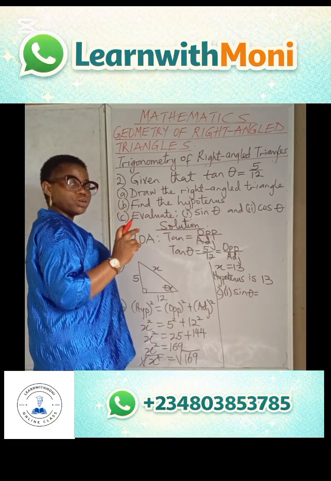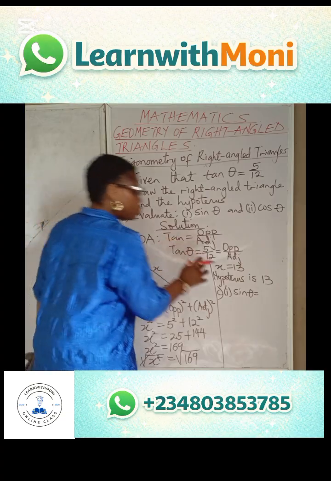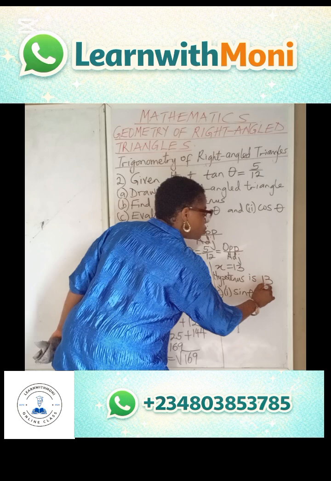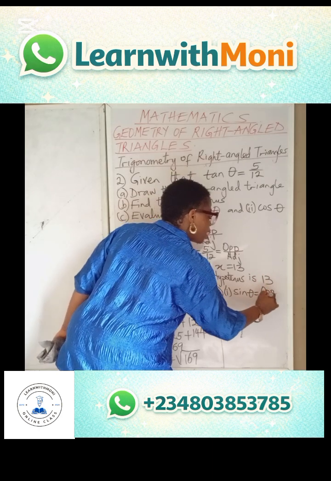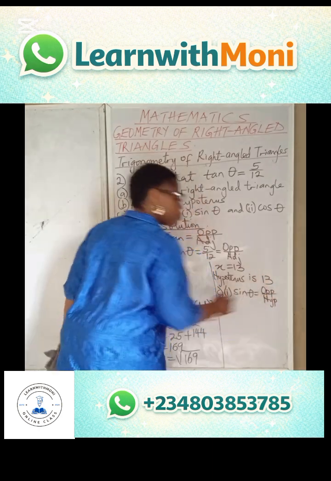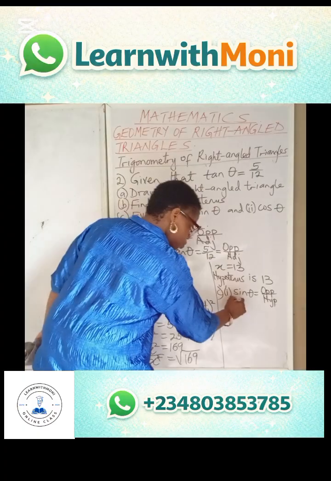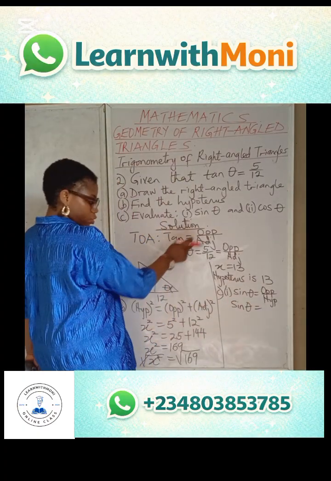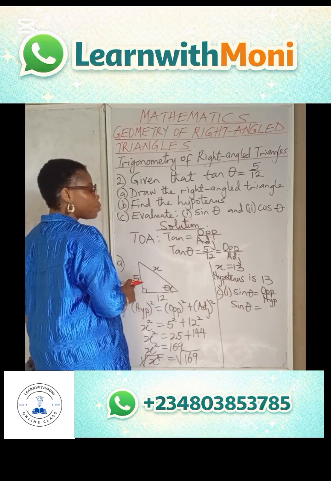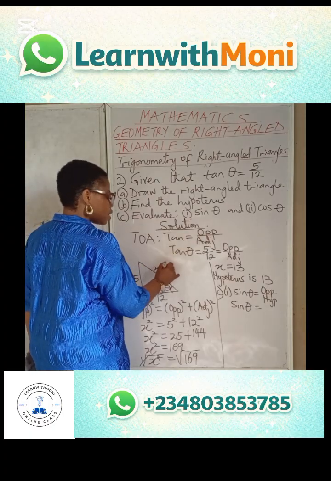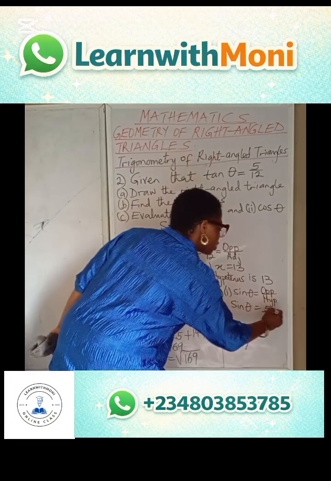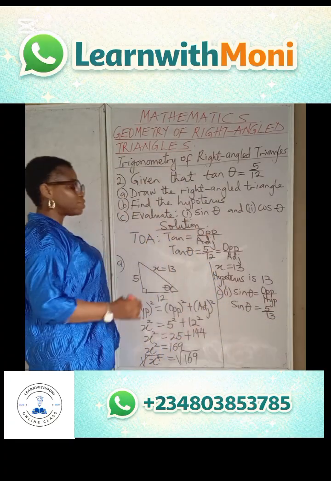The trigonometric ratio SOH says sine equals opposite over hypotenuse. So sine theta here is going to be opposite, which is 5, over hypotenuse, which is 13. So that is 5 over 13. That is sine theta.